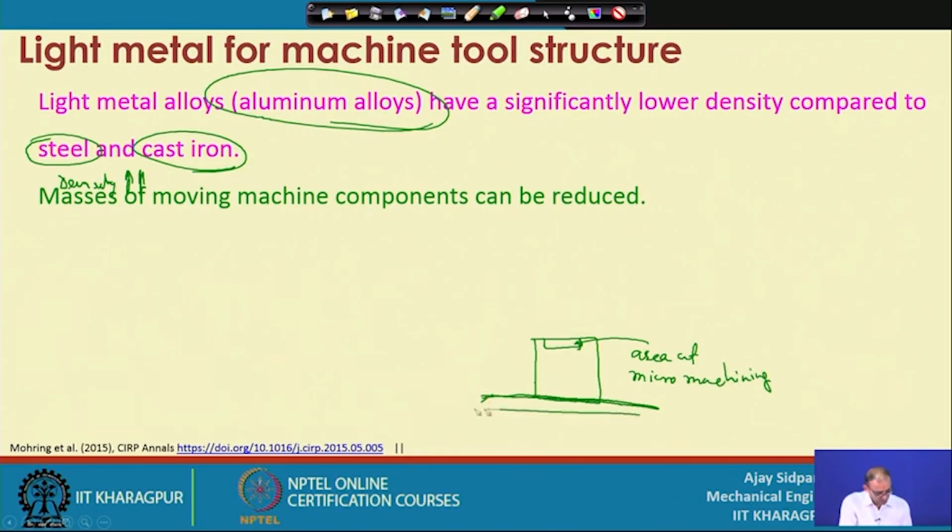Here you might have a lead screw, and this particular table is attached to it, and you have a motor which is rotating this lead screw. So, the whole thing will move. So, let us draw something like this. This is a very heavy object.